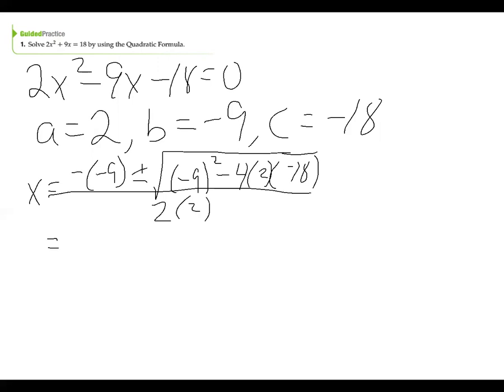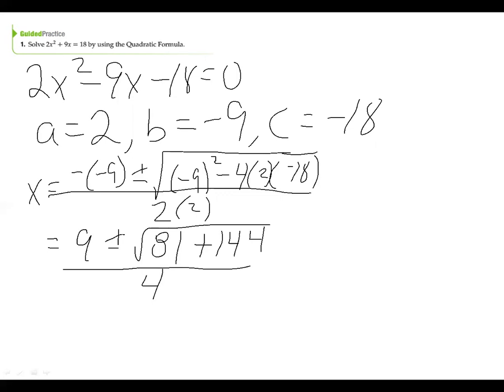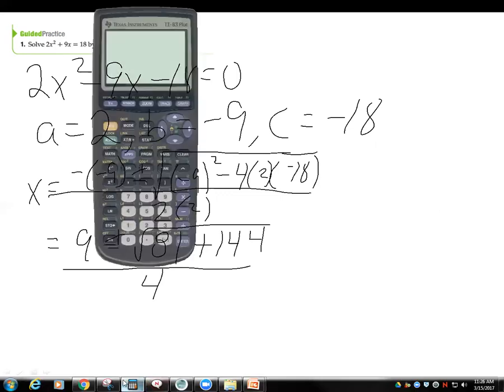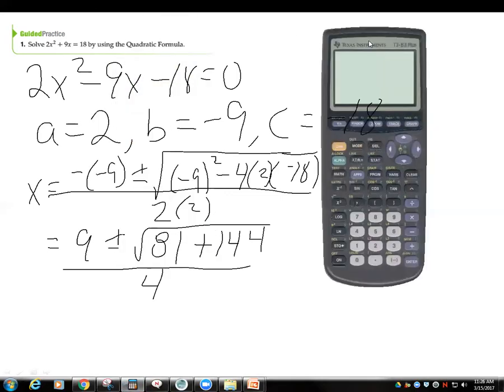So that's going to be 9 plus or minus the square root of 81. Now 4 times 18 is 72 times 2 would be plus 144 all over 4. Let me just double check to make sure that I did that right. So I would have negative 4 times 2 times negative 18 gives you 144, right?